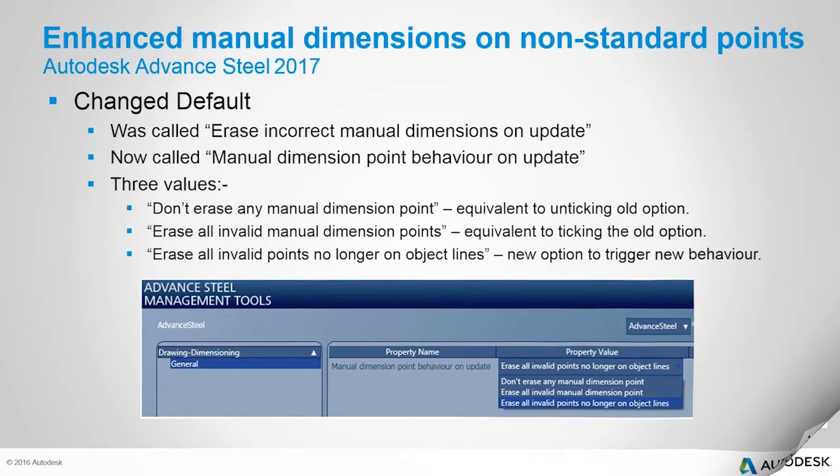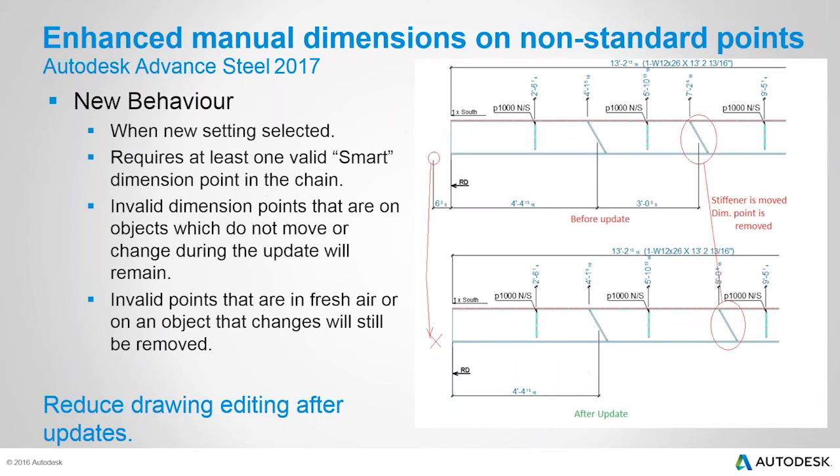This new behavior, as I say, is only triggered when that setting is made. If you look at the image on the top there, it gives you an example. Your dimension chain must have at least one valid smart dimension point, so at least one point that the preferred for manual dimensions snap would give you.